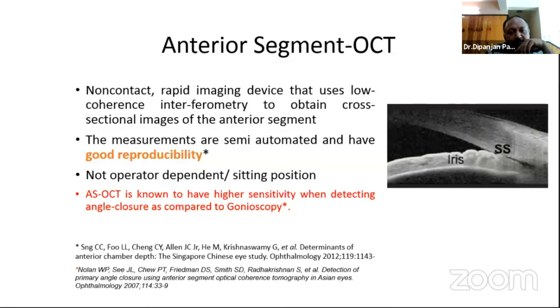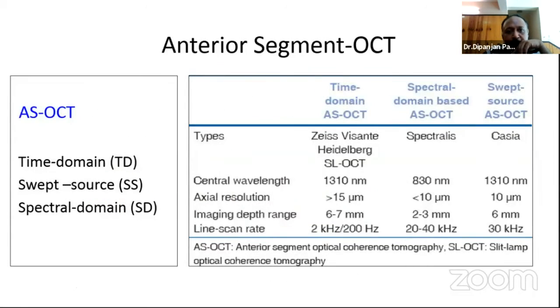Anterior segment OCT is a non-contact rapid imaging device that uses low coherence interferometry to obtain cross-sectional images. The measurements are semi-automatic and have good reproducibility, it is not operator dependent and can easily be done in a sitting position, and it is known to have higher sensitivity when detecting angle closure compared to gonioscopy.